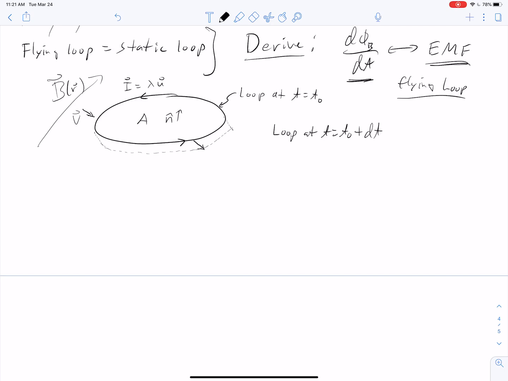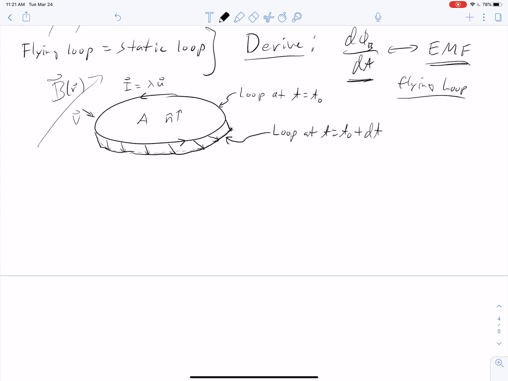It's not that funky, it's simple. There's my loop, and you see that it has traveled this distance. So I'm just going to draw it like this so you can see that. And this is the loop at some slightly later time.